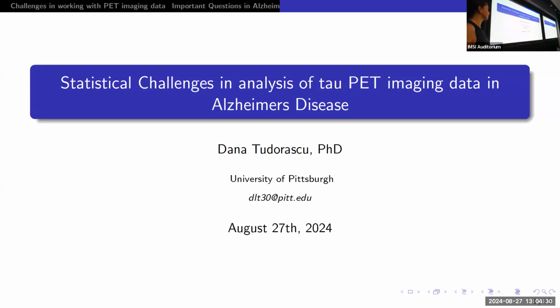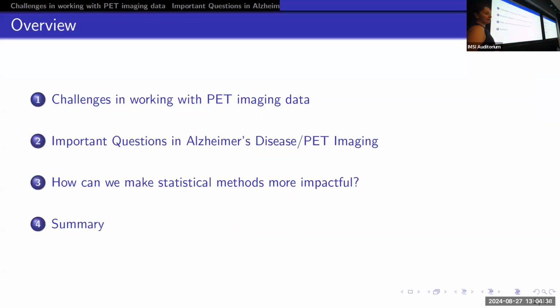I would like to thank the organizers for inviting me and for organizing this wonderful conference. So I will talk about specifically the questions that we were asked to talk about in the context of PET imaging data, because that's what I've been doing in Alzheimer's disease for the past couple of years.